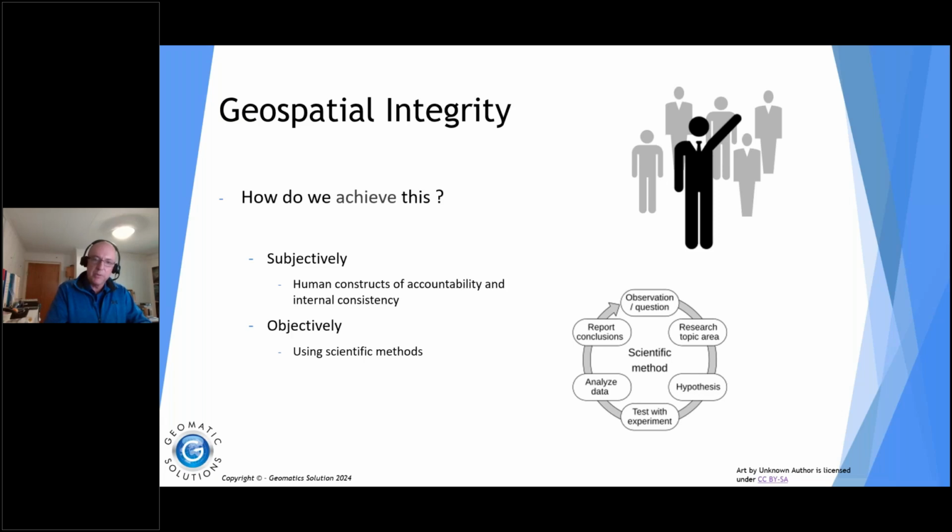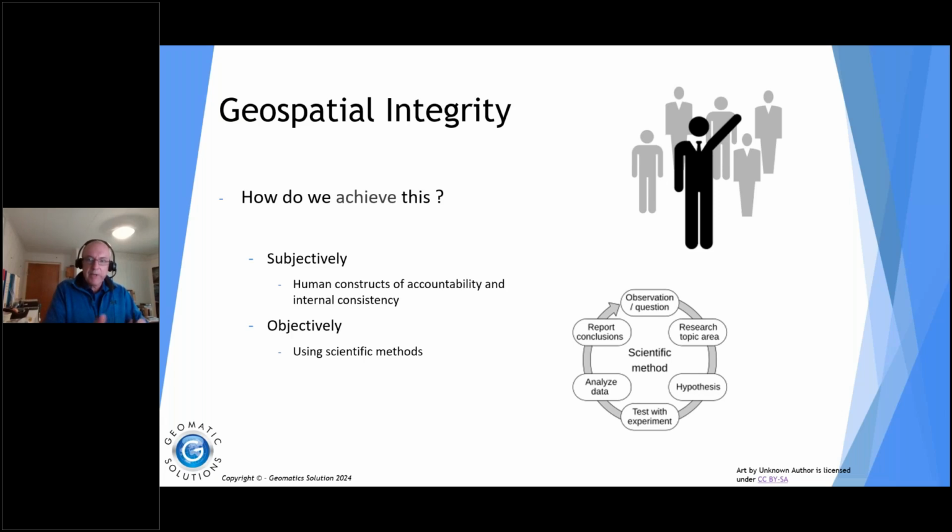They will be floating point values, or they will be integers, etc. All of that we can judge using scientific methods, and the user cannot really do anything about that. So if we can combine all of this, we can make sure that we maintain our geospatial integrity as the data flows through a plethora of applications that we use.